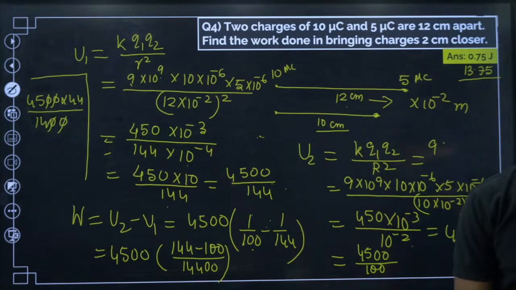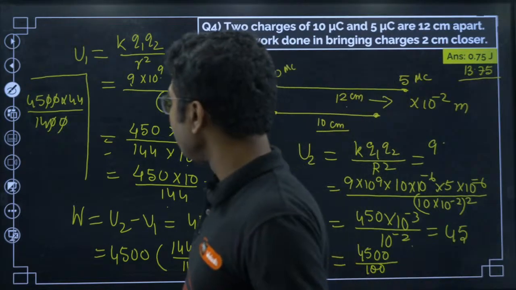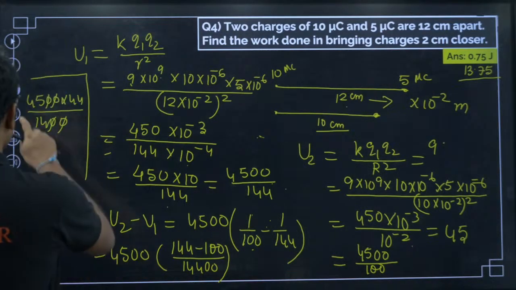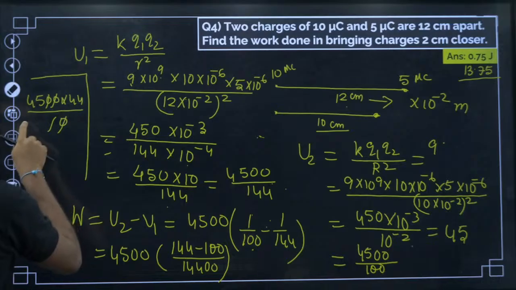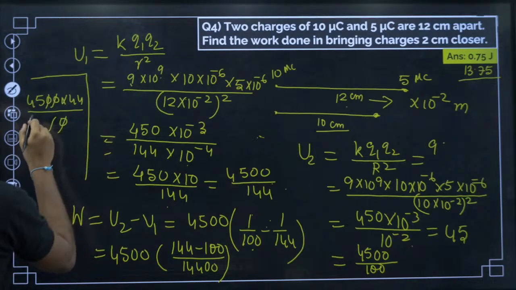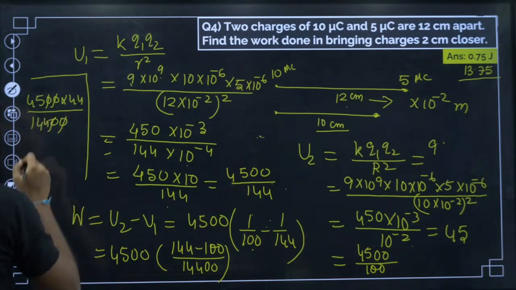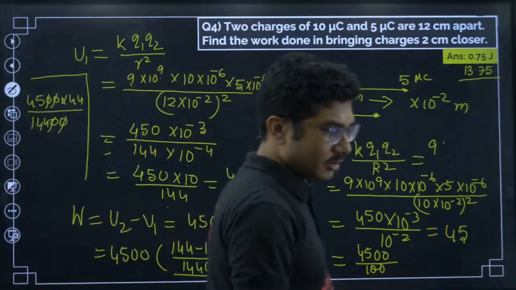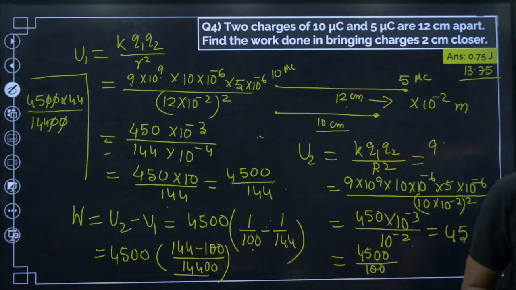It is not 0.75. It is not coming 0.75. 45 into 44 divided by 14. Sorry, divided by 144. Right, it was 144. So it will be 13.75.